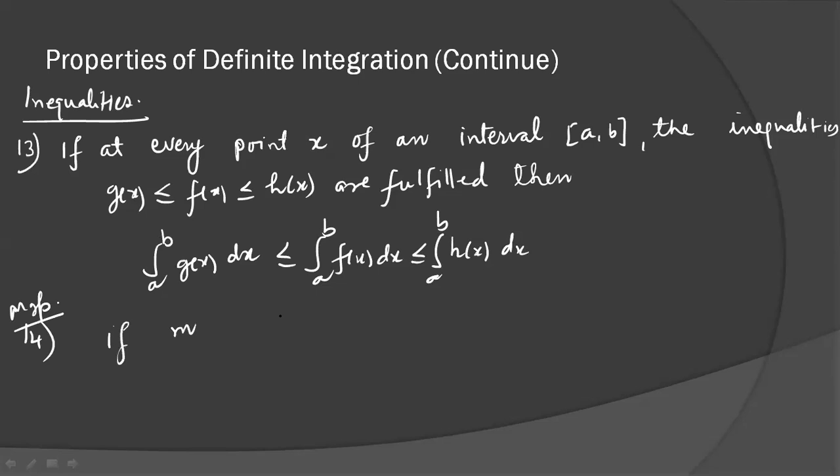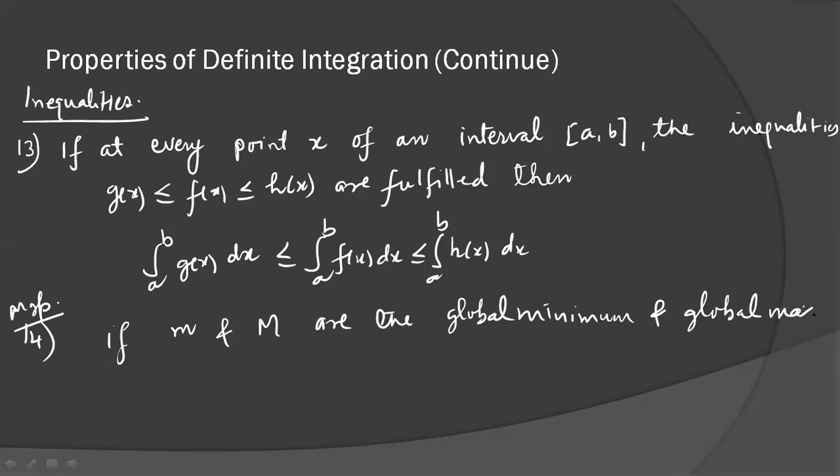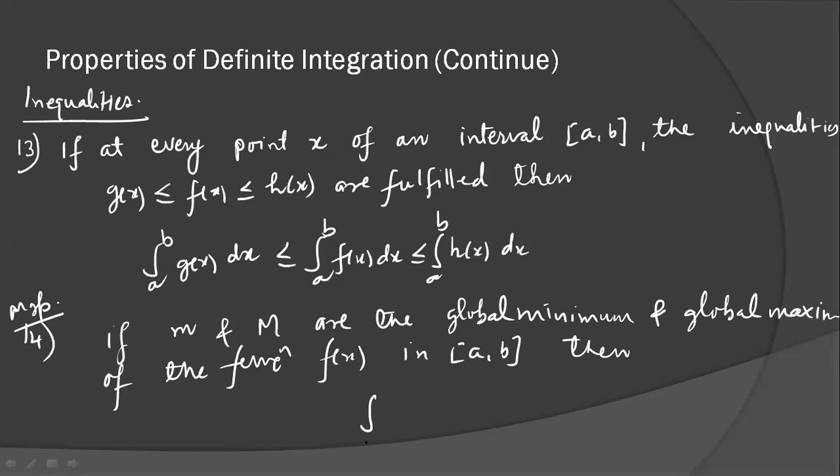If small m and capital M are the global minimum and global maximum of the function f x in the closed interval a comma b, then the integral a to b f x dx always lies between m into b minus a and capital M into b minus a.